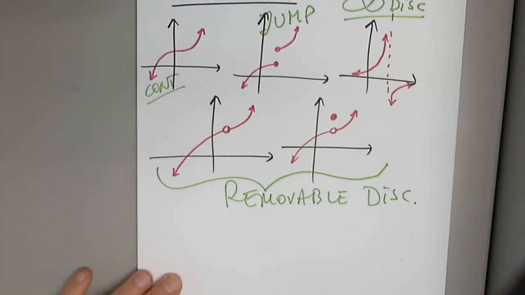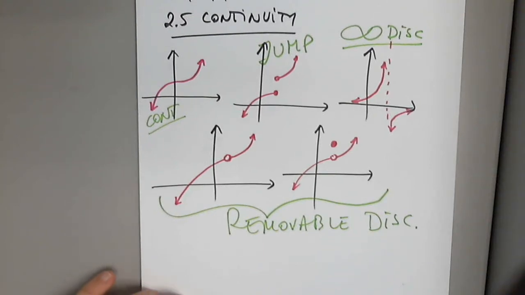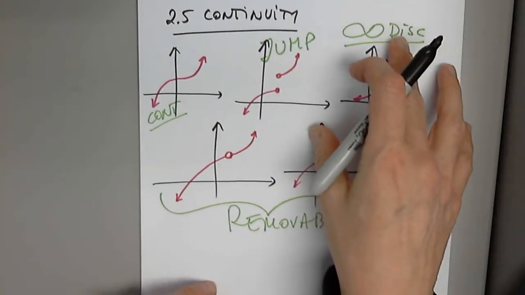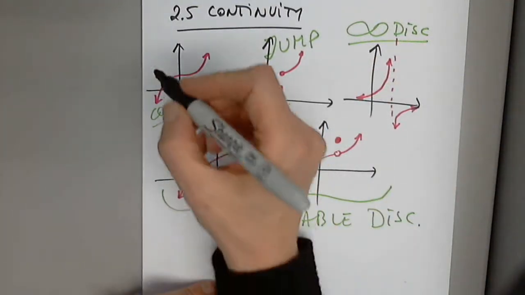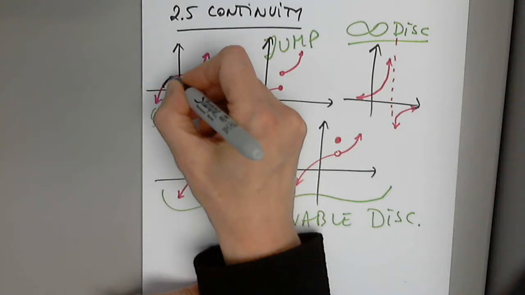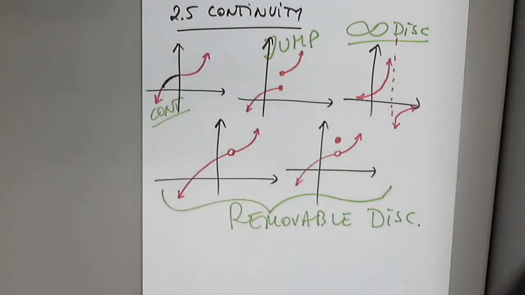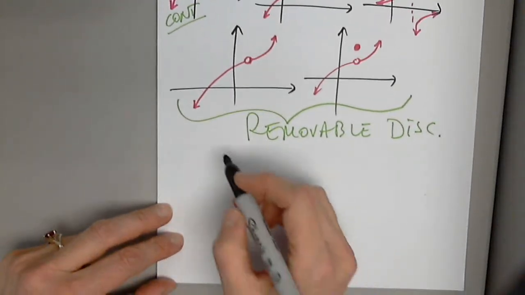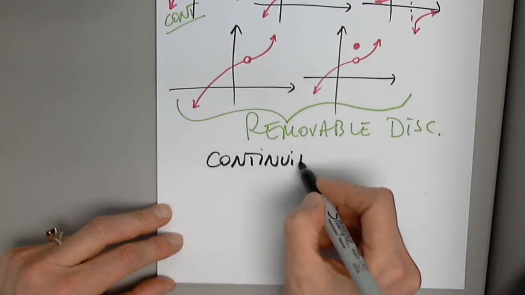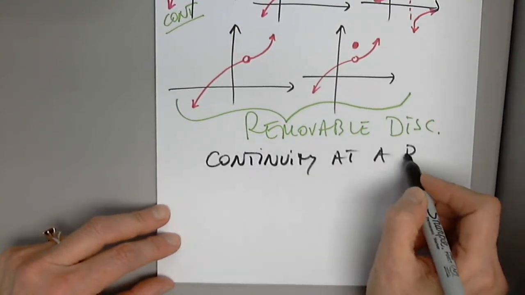So let's come back here. Would you agree that this function is continuous as long as it is continuous at each and every point? If it's continuous at each and every point, it will be continuous on the interval, or everywhere in this case. Okay, so now let's discuss continuity at a point.